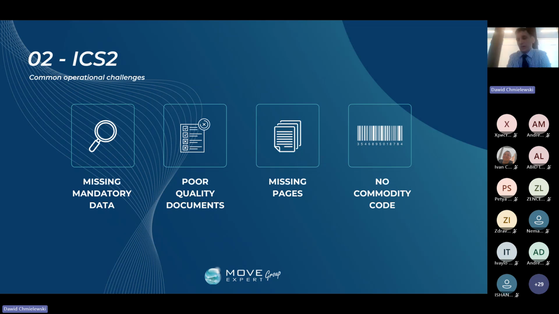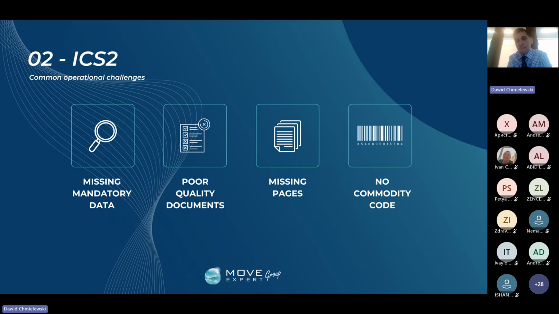As for no commodity code, well, this is something we are all struggling with, but there is hope. The hope is that while we have been looking for commodity codes for all declarations or for Carnet ATA, there was not a single complaint ever made. Those documents were all approved by customs.